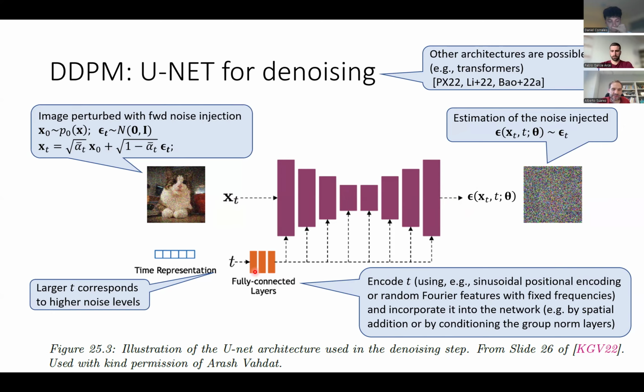There is some technical problem about how to feed in t. Remember, t is a scalar, so if you introduce it as a scalar, that's a very poor, very simple representation. So you have to do some encoding to enrich this input of t. Typically, you do either sinusoidal positional encoding or random Fourier features with frequencies that you sample from a Gaussian.